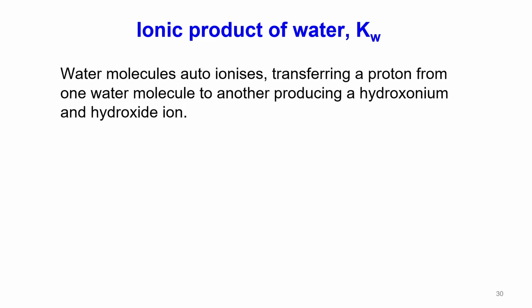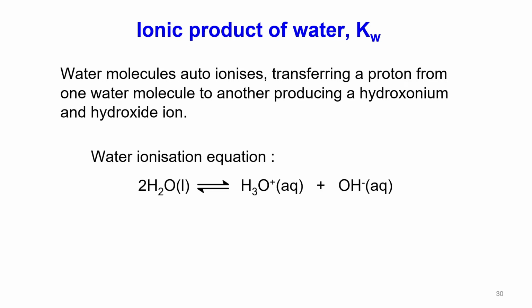Auto-ionize meaning that dia akan automatik terus bertukar mengion. And then the water ionization equation: H2O produces H3O+ and OH-, which is Kw equals the concentration of H+ times the concentration of OH-.